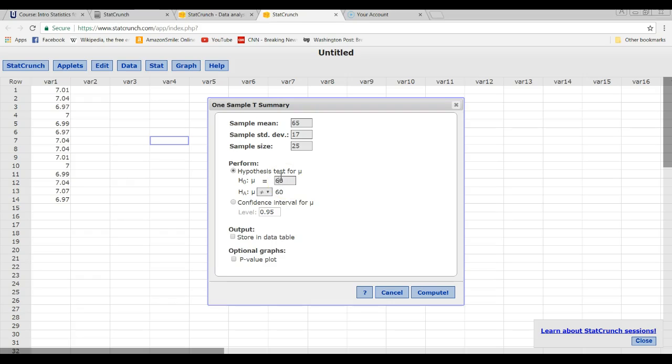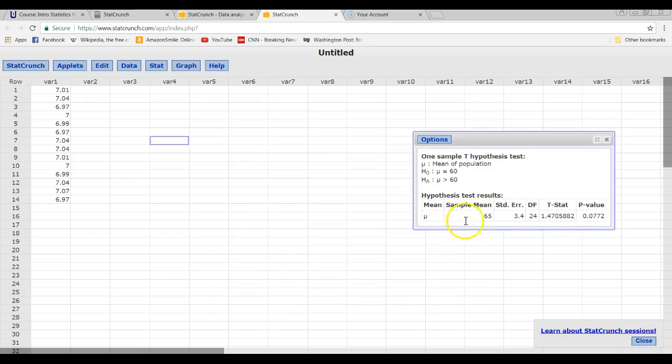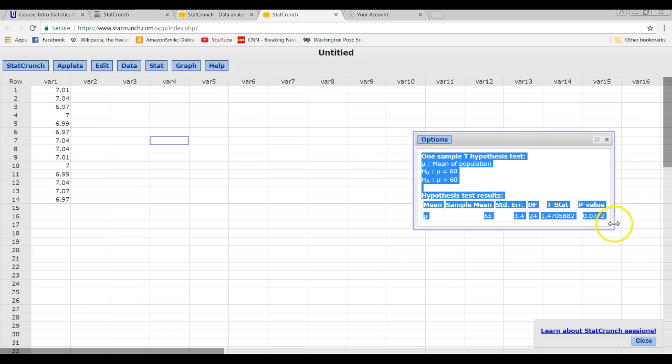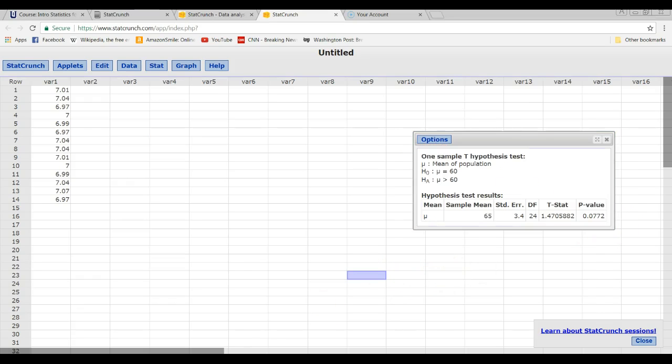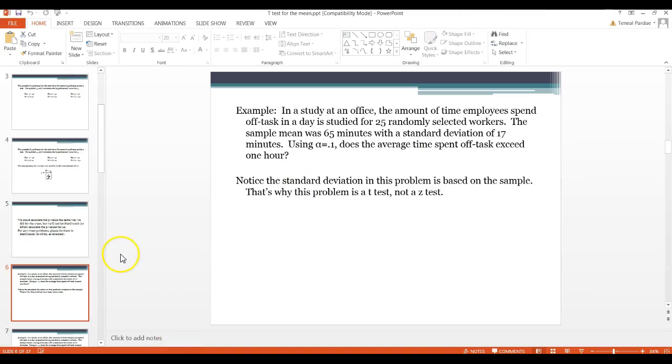Our hypothesized value is 60, and we want to know if mu is greater than 60. So we enter all that and hit compute, and this is our output, and you're just going to copy all that and paste it into your homework, just like I've done over here.